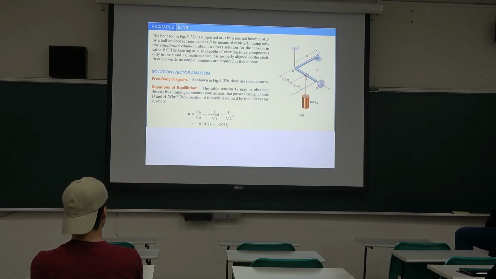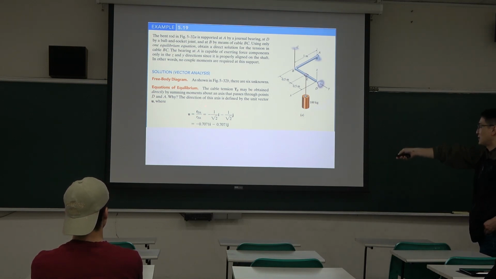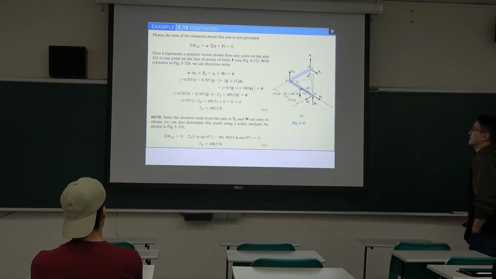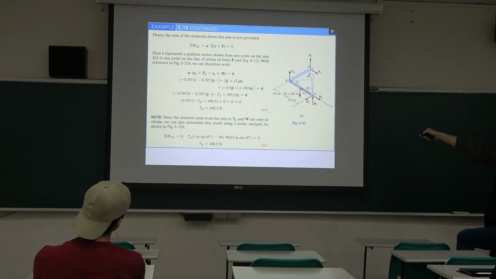So first of all, we work out the unit vector, the position vector from D to A, okay? So the unit vector. Okay, so we take a moment along DA, so as to achieve equilibrium.